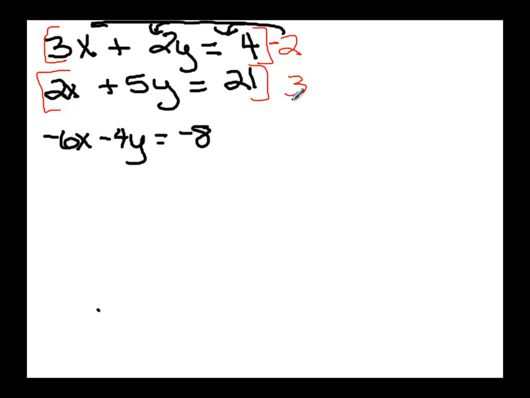Then in the second equation, 3 times 2 gives me 6x. 3 times 5 gives me plus 15y, equals 3 times 21, which gives me 63.